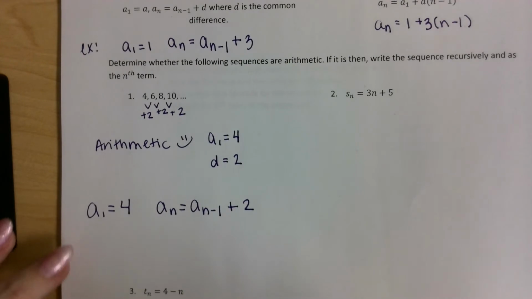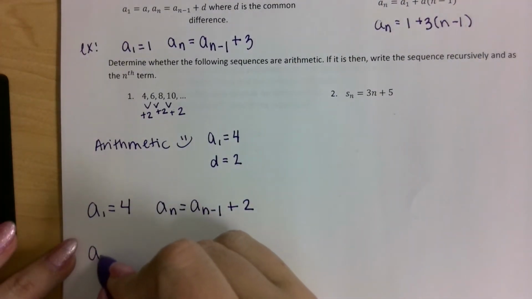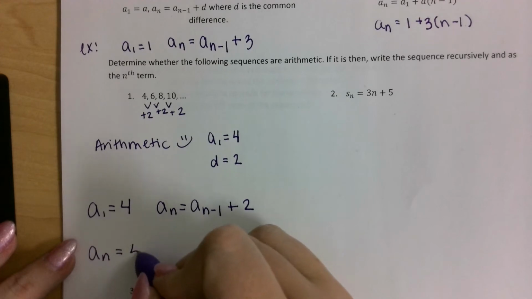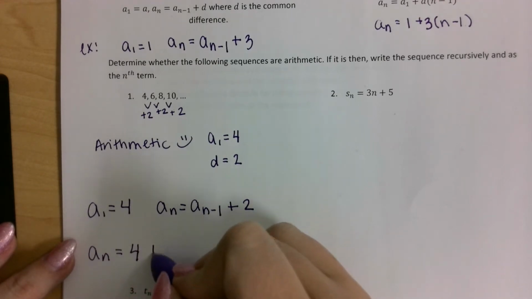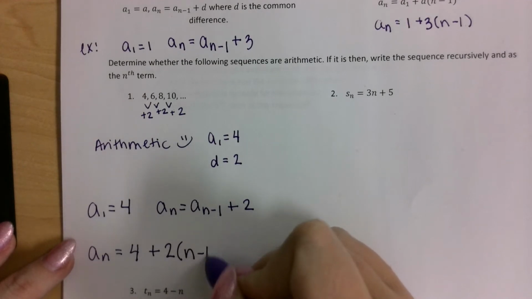Now for our nth term formula, we're going to use this formula here. So we say our nth term is going to come from taking our first term plus our common difference multiplied by n minus 1.